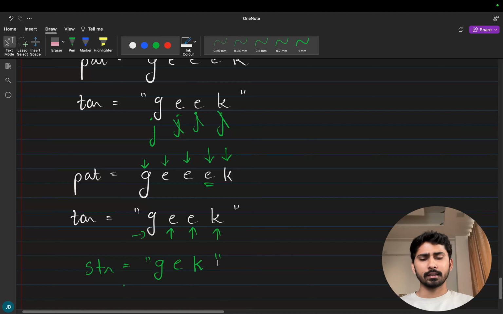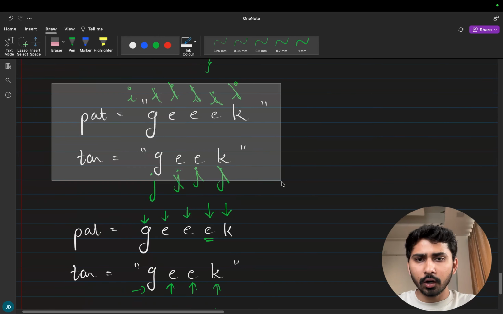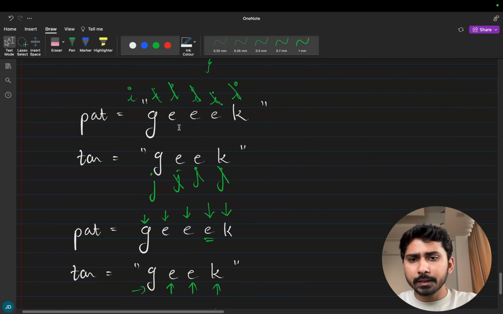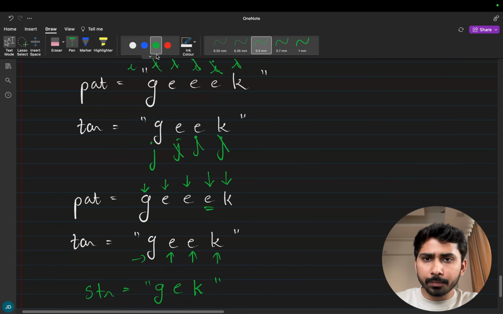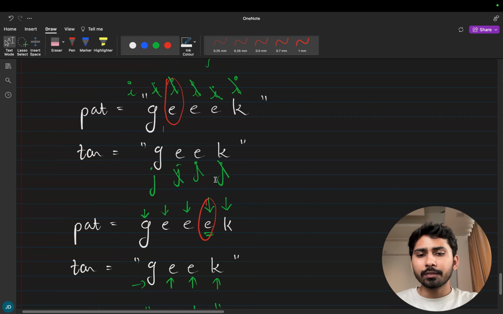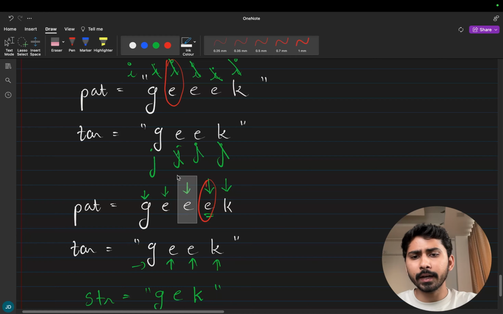You might be observing that in the beginning, when we iterated according to our logic from right to left, the delete operation was observed on this E, right? And now we are saying that the delete operation has been observed at this E. Now how are these approaches the same? These approaches are the same because if you try in a brute force manner, you can apply the delete operation over here as well, here also and here also.